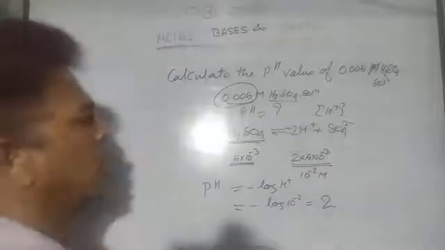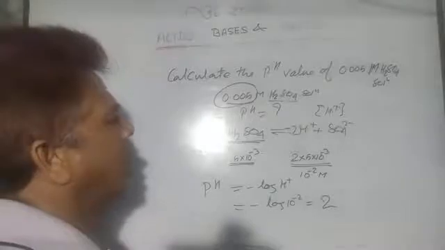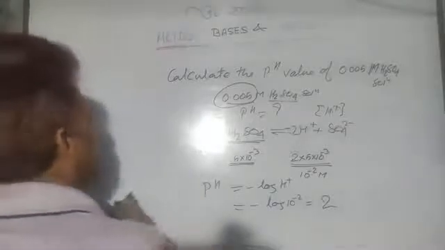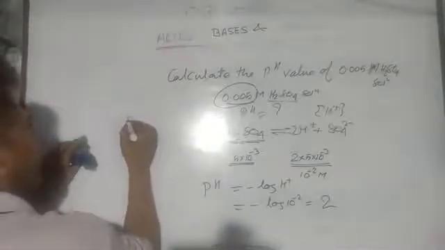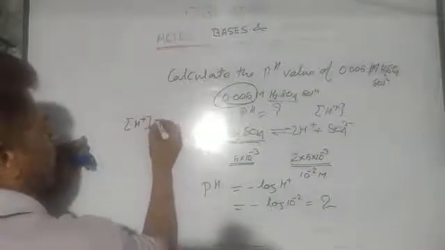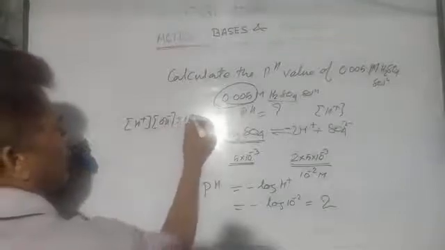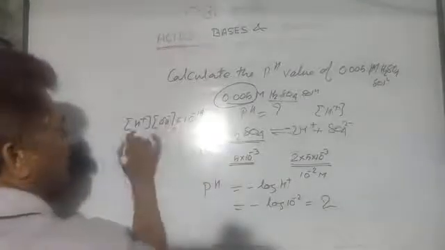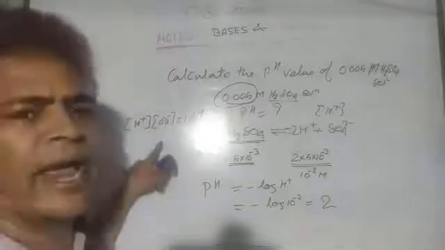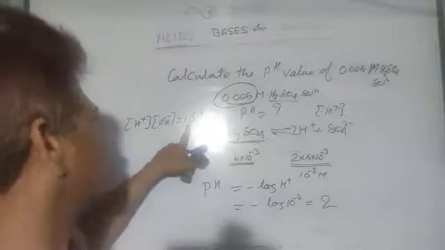Okay, so now you take another, basic solution. How can you find the hydrogen ion concentration? For that, you also recall the ionic product of water, H plus into OH minus, that gives 10 to the power minus 14. The product of hydrogen ion and hydroxyl ion for any solution will be a constant value, 10 to the power minus 14.